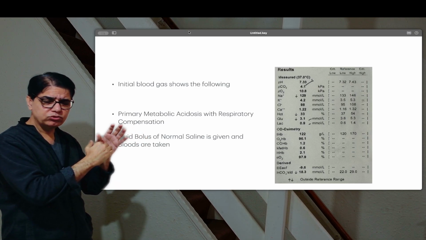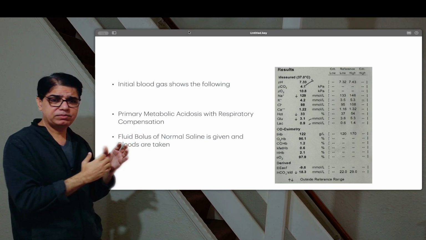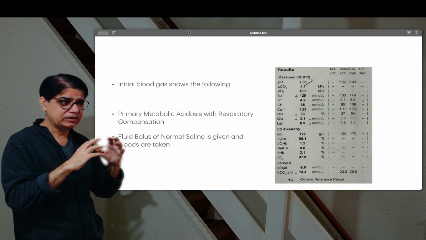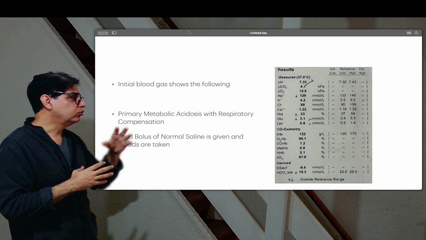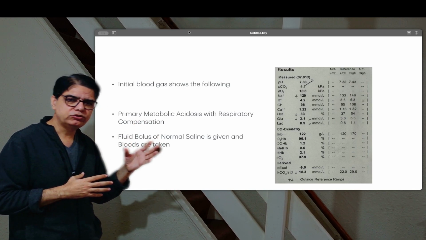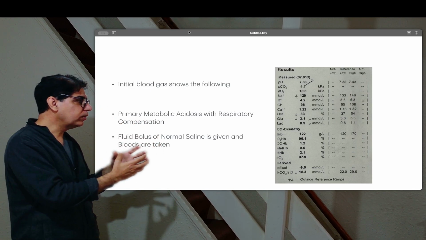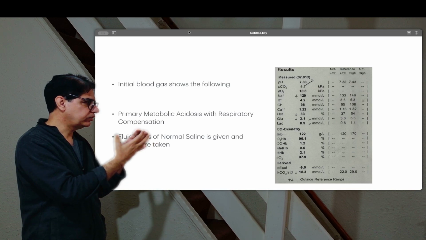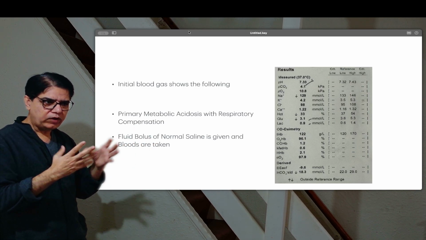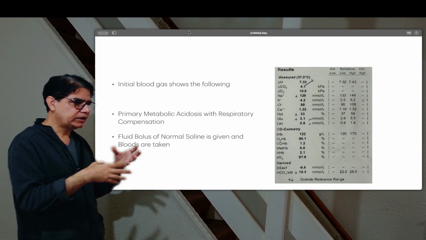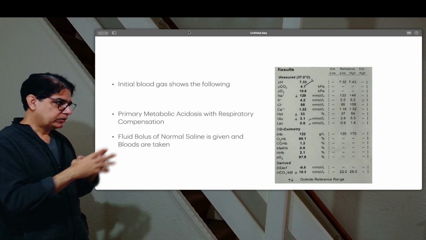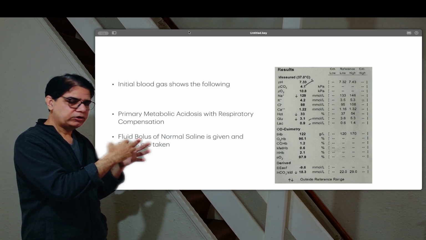Now, if you do a bit of further calculation on this blood gas, looking at the sodium, potassium and chloride, you find out that this is a normal anion gap metabolic acidosis. Fine, you can see normal anion gap metabolic acidosis in vomiting and in diarrhea, but the problem here was low blood glucose.